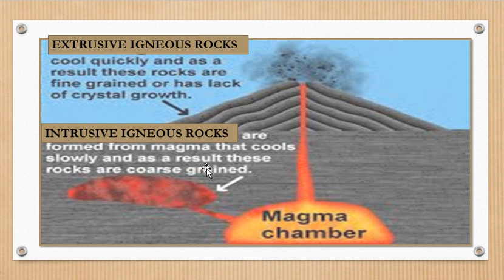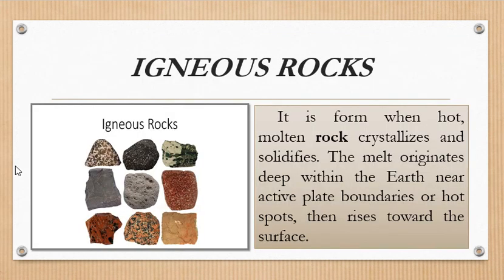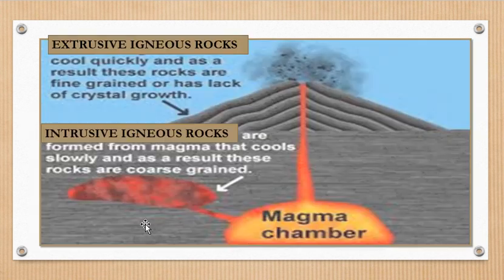They are formed from magma that cools slowly, and as a result, these rocks are coarse grained. We can see the individual parts. So, for example, this one is an example of an intrusive igneous rock. Intrusive, because it is formed or hardened inside the earth, from magma.